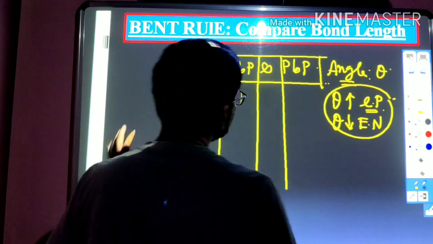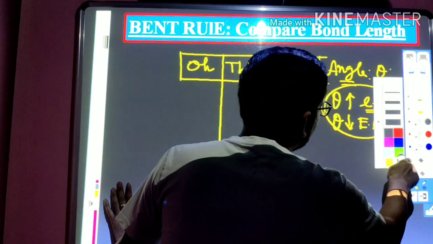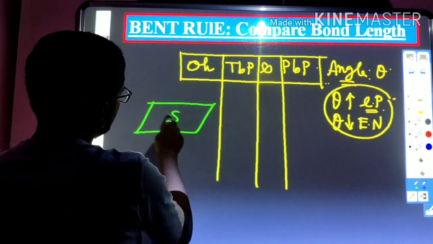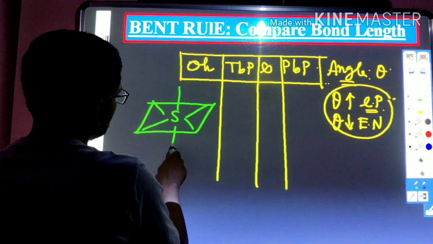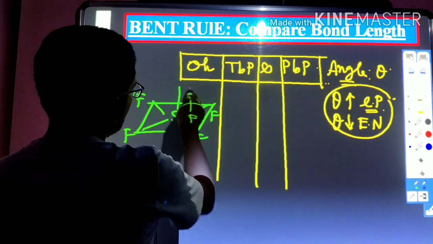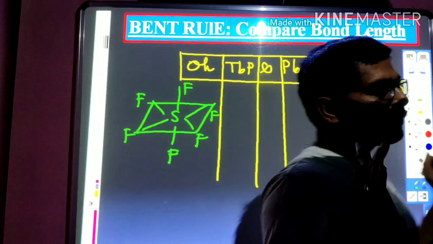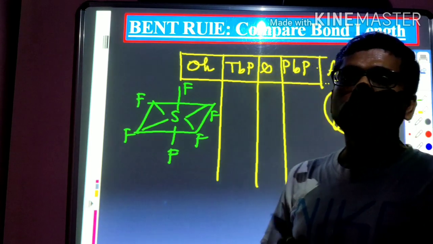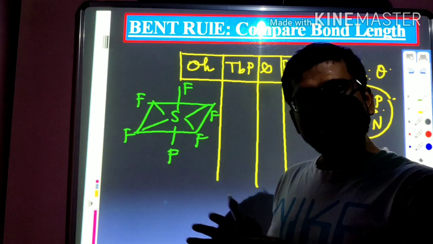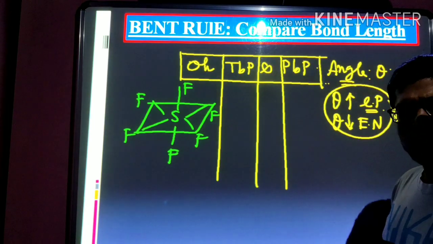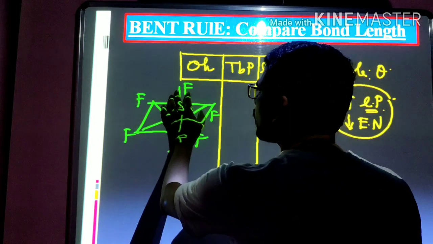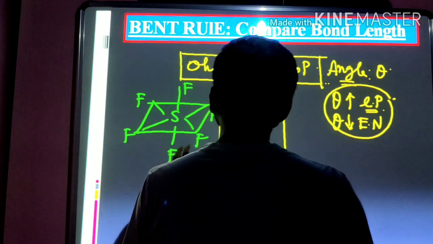In octahedral geometry, say in SF6, first of all, if the percentage of S character changes, the bond length will change. If the percentage of S character increases, bond length will decrease, and if the percentage of S character decreases, bond length will increase. Now look at SF6.